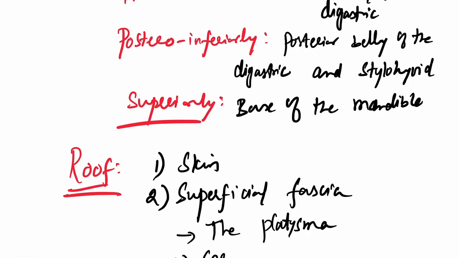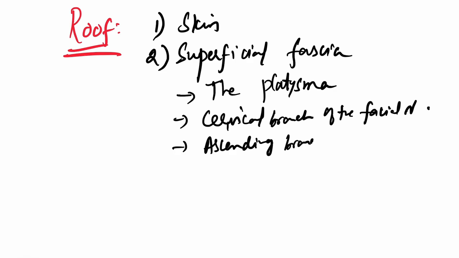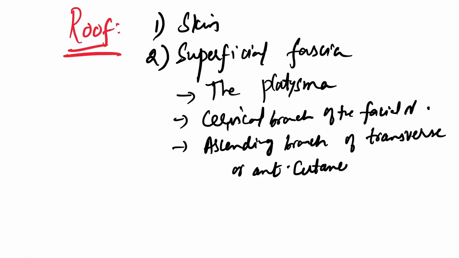Also the cervical branch of the facial nerve, and an ascending branch of the transverse or anterior cutaneous nerve of the neck. These are the structures which form the roof, and also deep fascia.